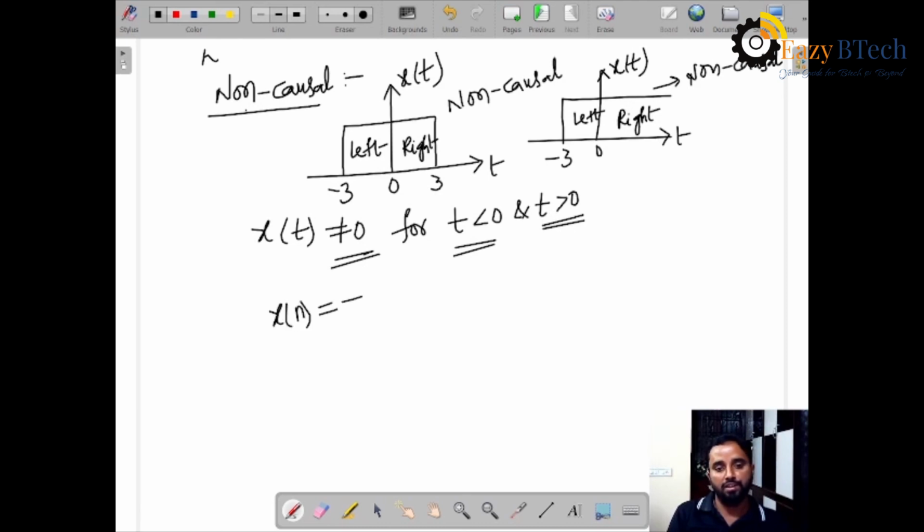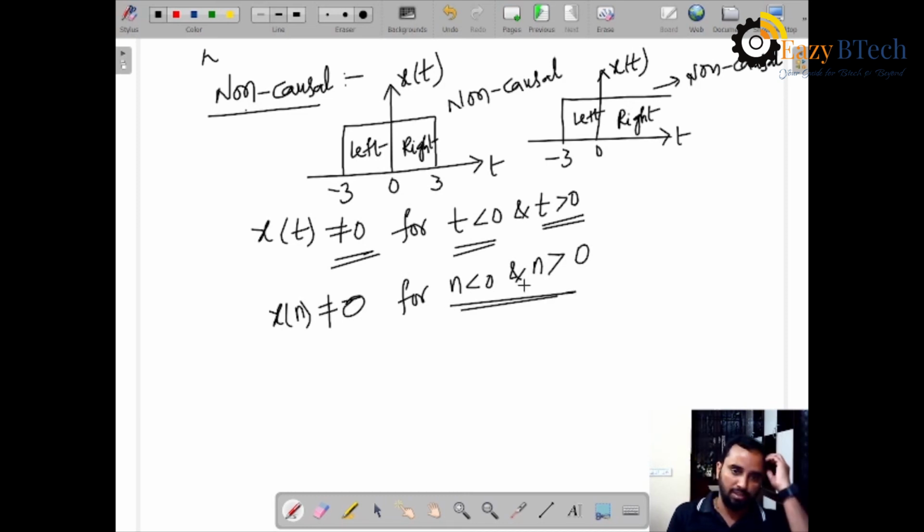Similarly for discrete time signal, x of n is not equal to 0 for n less than 0 and n greater than 0. Both sides the signal is present. That is the meaning of non-causal signal.